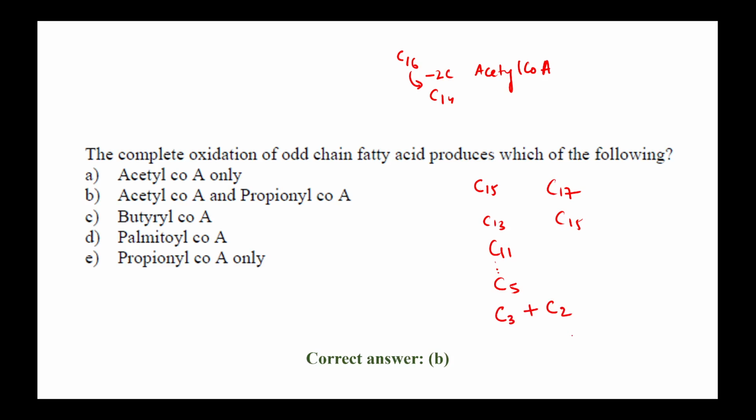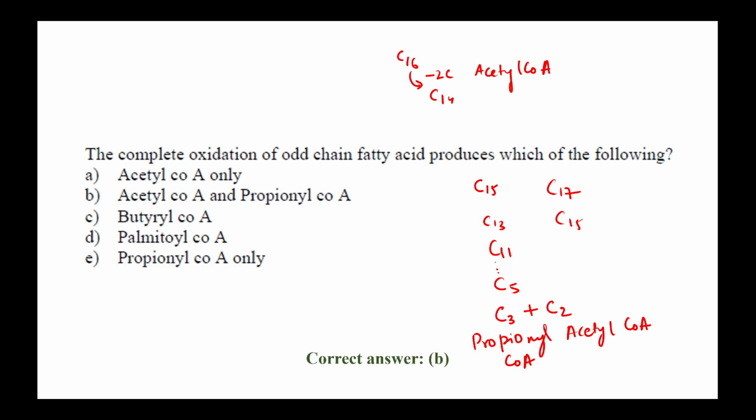So C2 is basically acetyl coenzyme A, and the 3 carbon compound is called propionyl coenzyme A. Okay, so this is clear. So odd chain fatty acid will produce propionyl coenzyme A and acetyl coenzyme A.